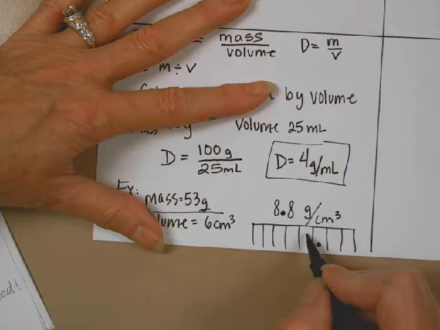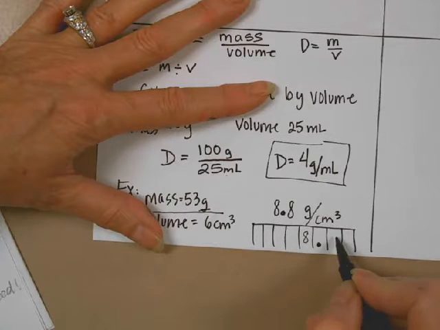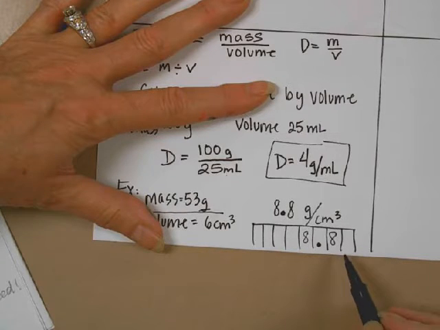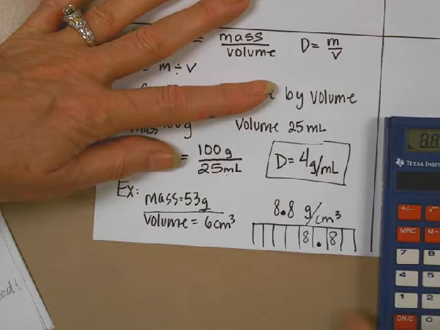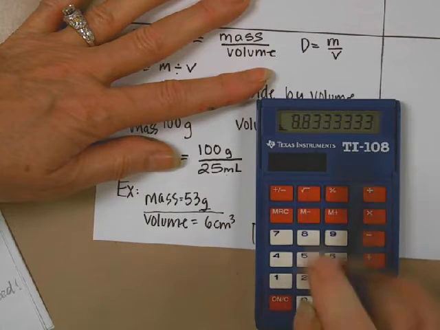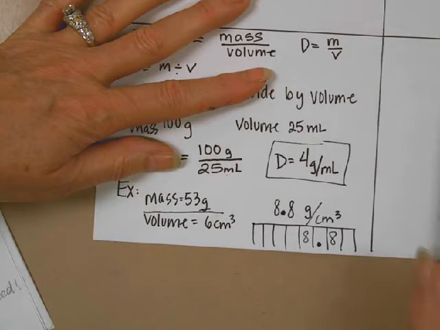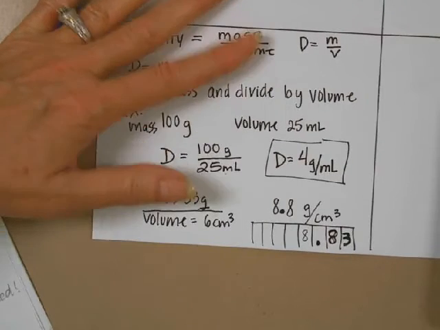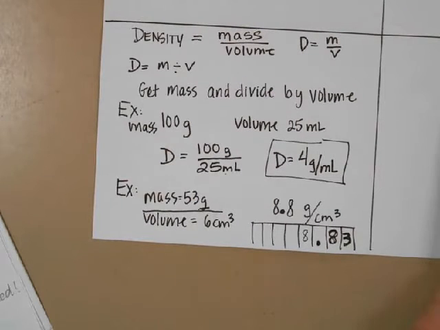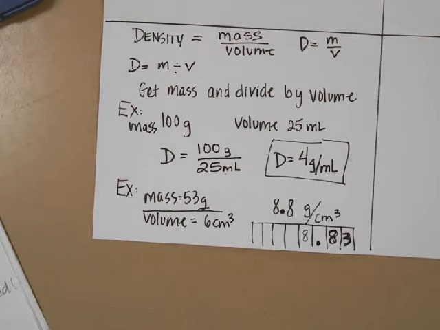So you would enter 8, and that's all you have to put. If they asked for the number to the nearest hundredth, and you can see it is 8.83, I would have had to add my 3. This is the tenths, that's the hundredths spot. Okay? Alrighty then, moving right along.